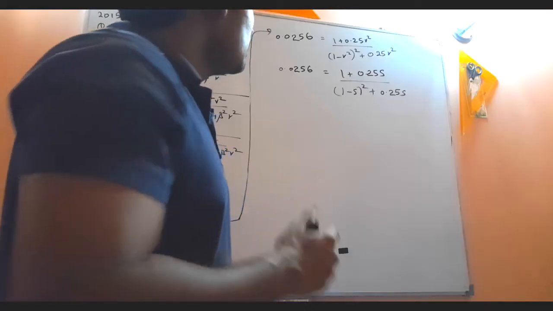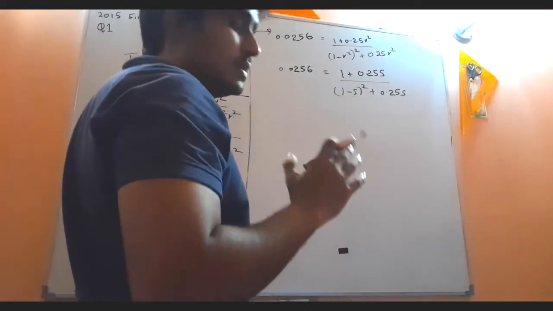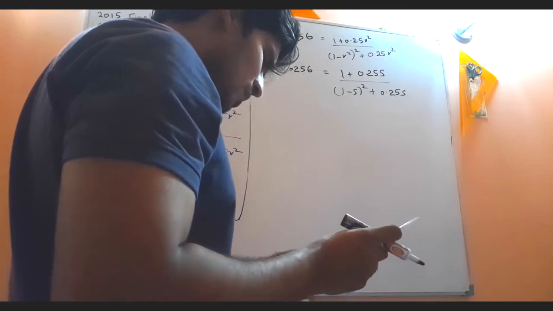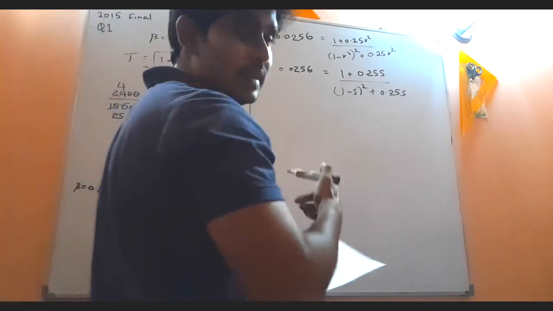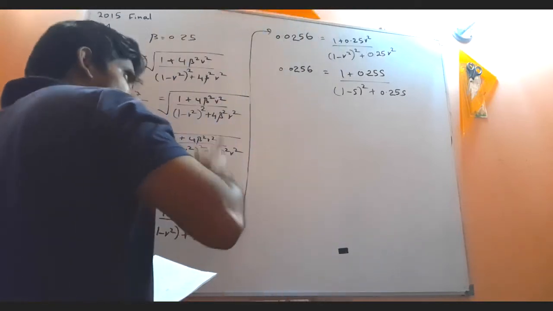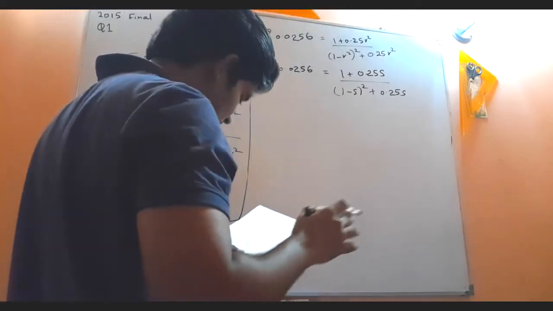If you carefully do simplifications here, you will be getting a quadratic equation of this format. So I will write it here. If it is wrong or there is any mistake, you can comment.